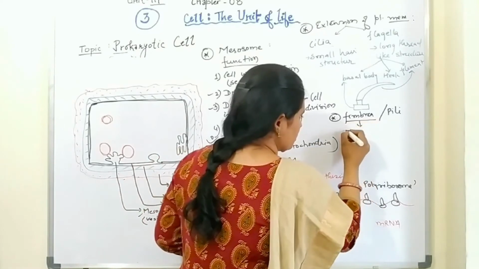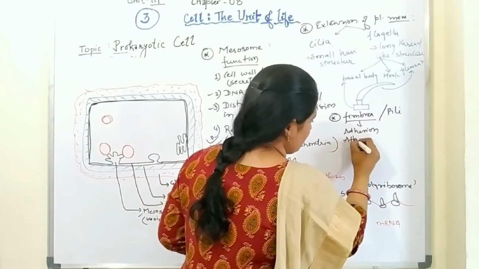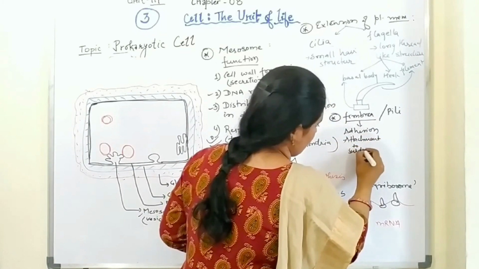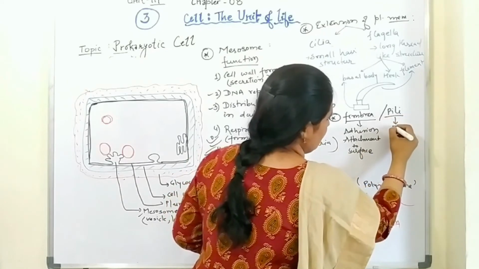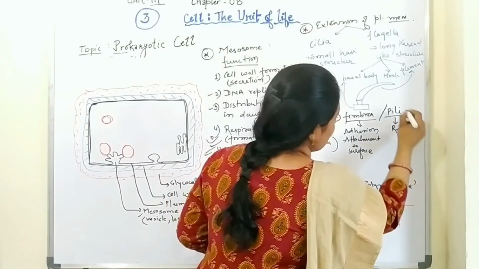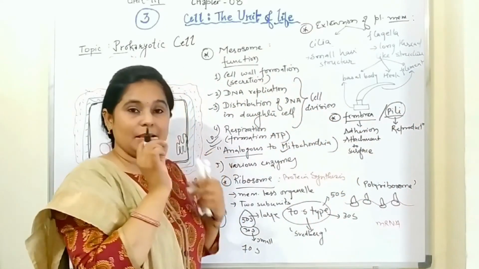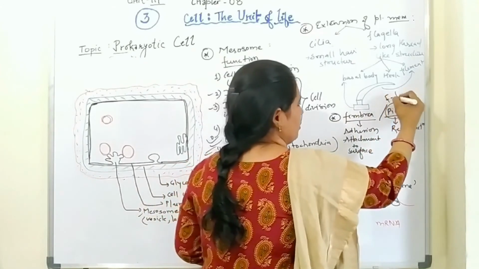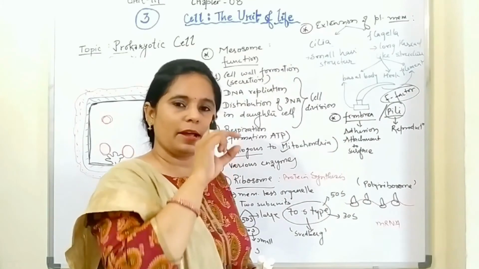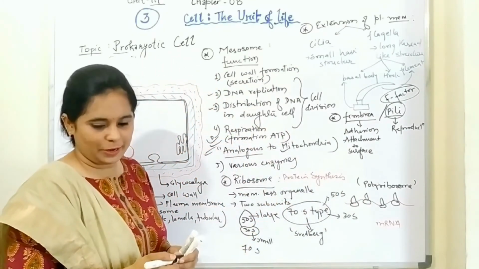Its function is adhesion, means attachment to any surface, and this helps in reproduction. And you know, this is present only in the cells which are having plasmid. For pili, you need F factor, fertility factor की जरूरत होती है, तभी वो सेल ब्रिज लाइक स्ट्रक्चर बना सकता है. So this is all about prokaryotic cell.